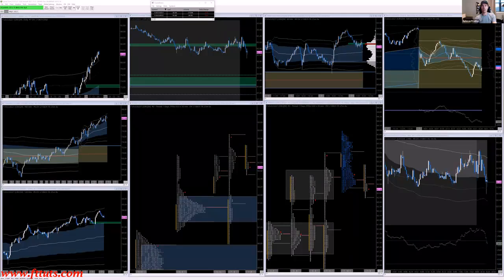Still stalking long in crude. Strong selling in crude, right?